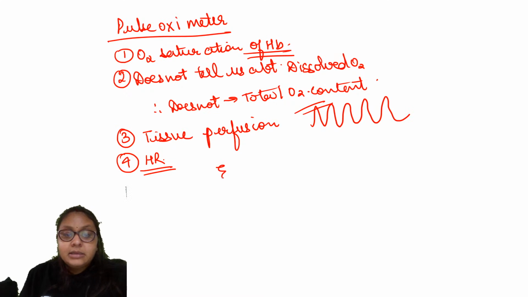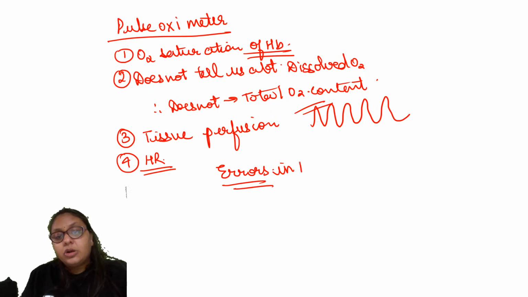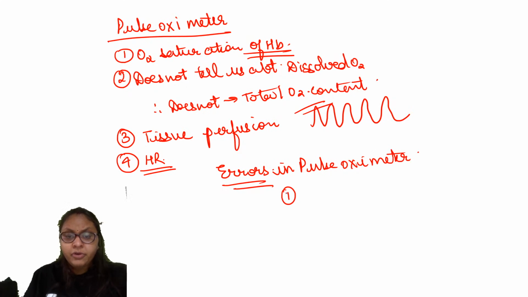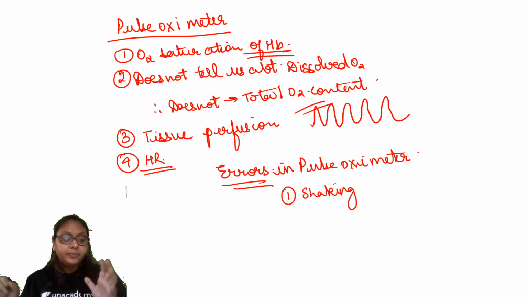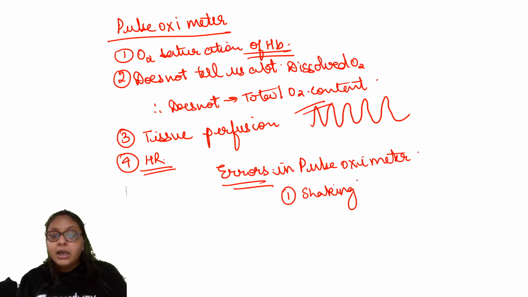Okay, now errors. Remember errors in pulse oximeter. If there is any shaking, the patient is shivering, constantly moving, then it will give us a false result.